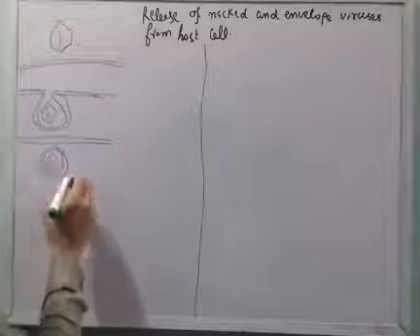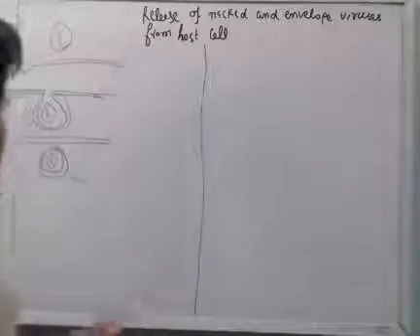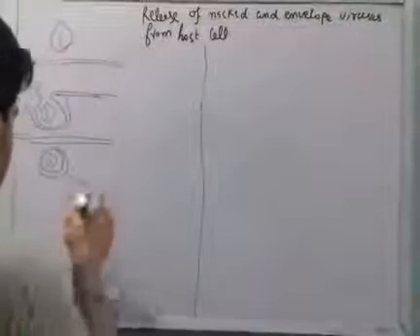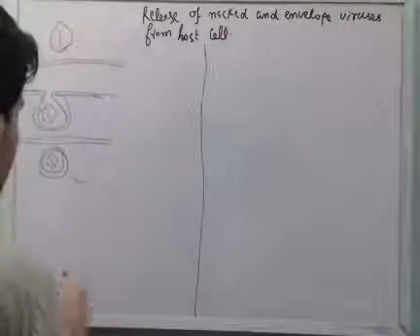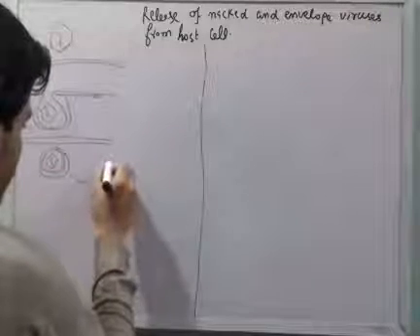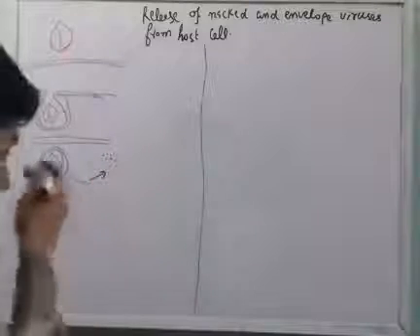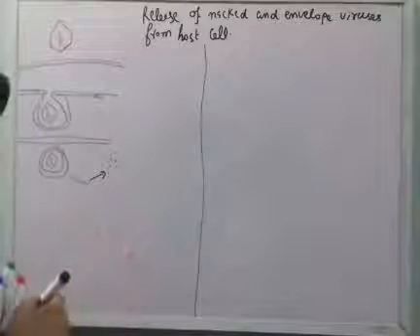After that, they release their genetic material, DNA, RNA, any kind of genetic material, and with this genetic material they also produce their structural proteins. Let's suppose this black one represents the structural proteins. Now with this structural protein, what do we get?